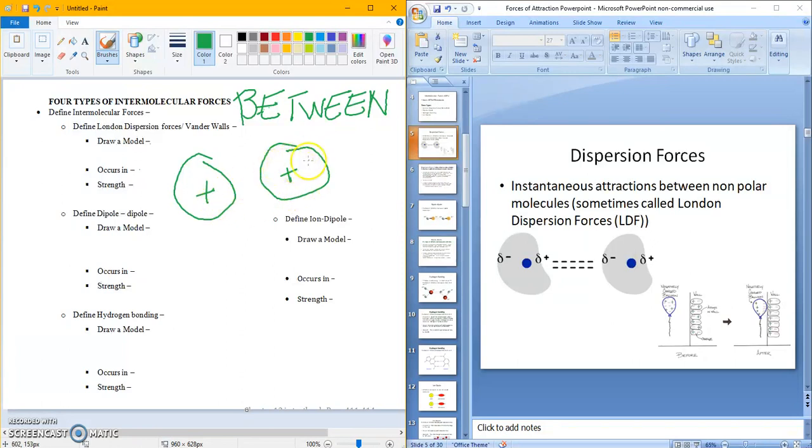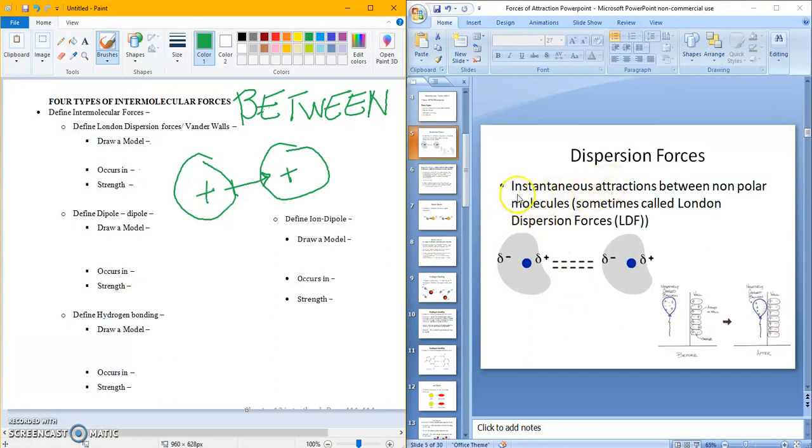These guys are technically nonpolar, right? I can't separate the charges. However, if I move them close enough to each other, these electrons right here are going to start repelling each other. And therefore, we get this odd kind of a bean shape where the electrons are moving away from the other electrons so that they don't have to be near each other.